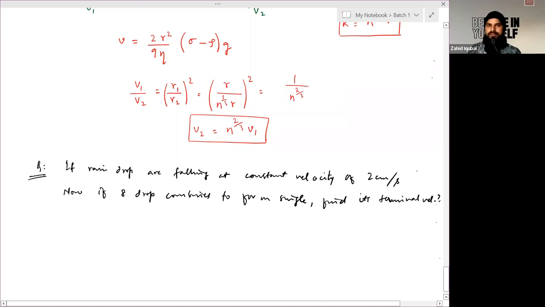Just use the above formula, put the value of n to be 8. V1 is given, simplify it.